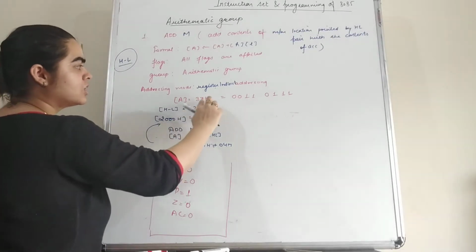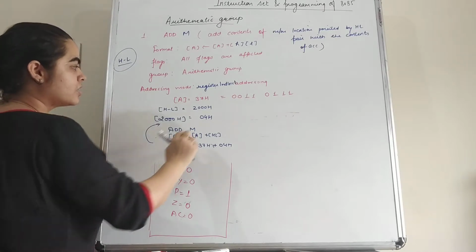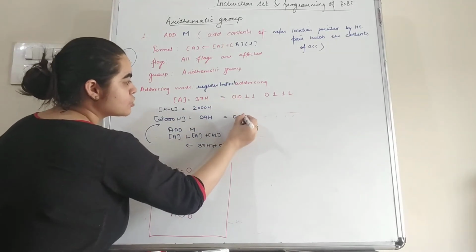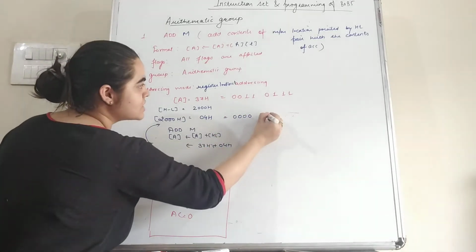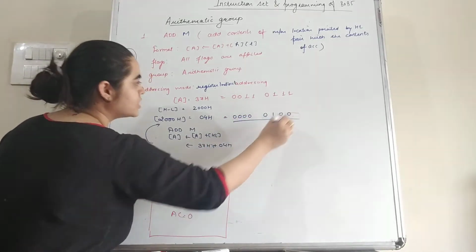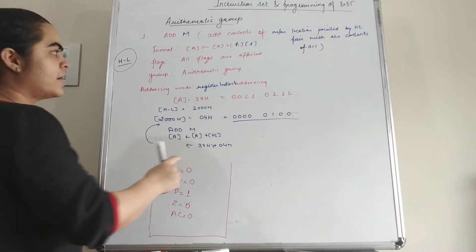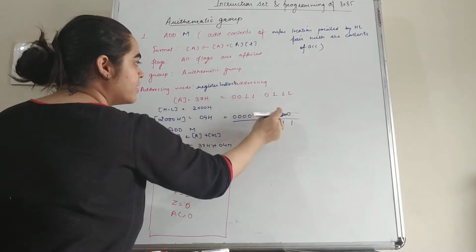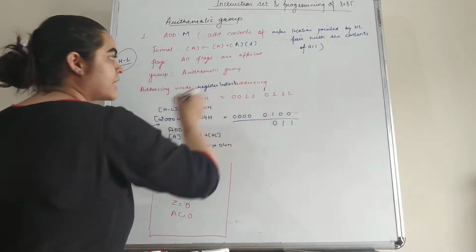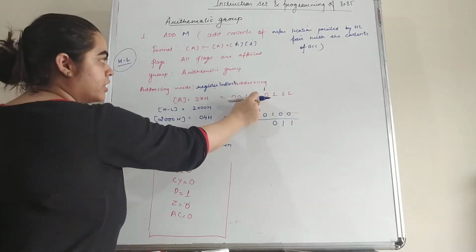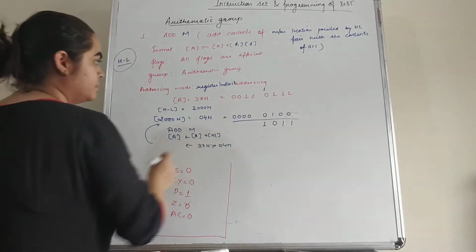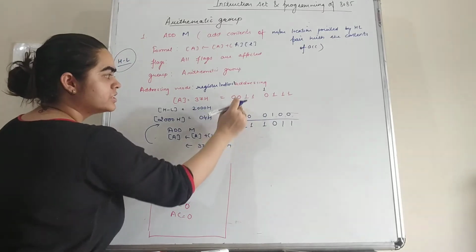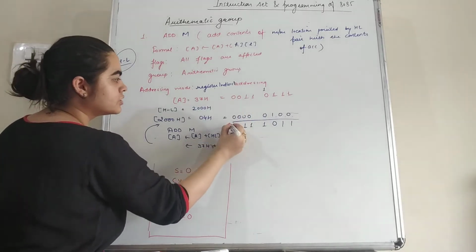So you can see 37H is converted into binary form. Now we convert 04H. So 04H means 0000 and 4 is 0100. Now students, add these two numbers. After adding, 1 and 0 is 1, 1 and 0 is 1, 1 and 1 is 10, 0 and 1 is carry.